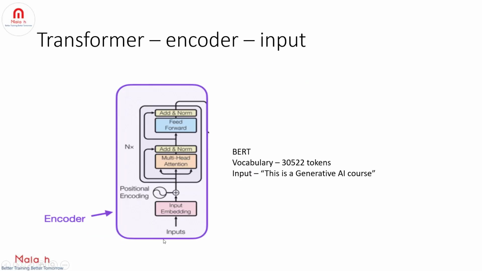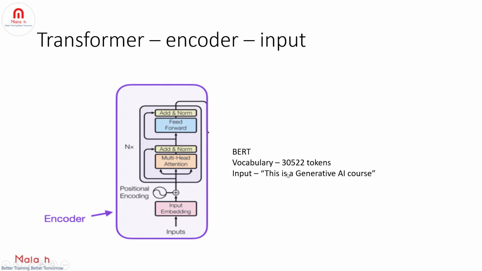So this is the encoder piece, and as I said, BERT is an encoder model. Assume you are using the BERT model, an encoder based, transformer based language model, and BERT uses a vocabulary of 30,522 tokens. These are unique tokens or words, achieved through WordPiece tokenization, which breaks words into subword units.